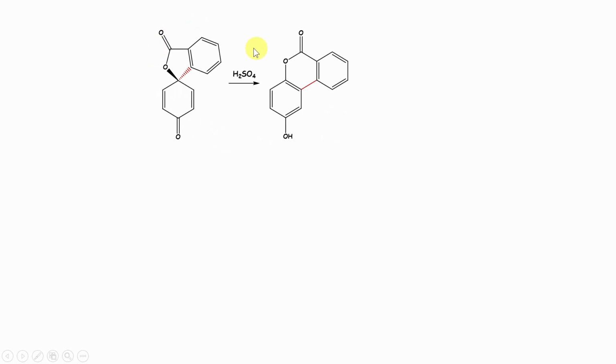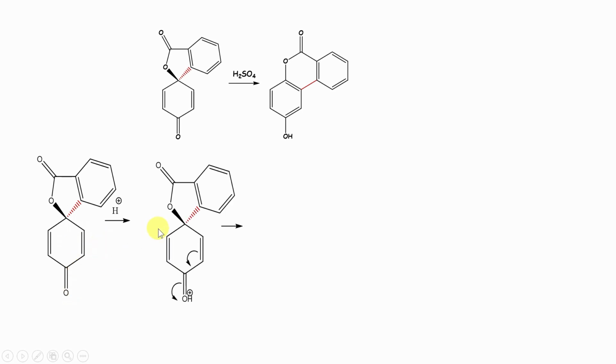Okay, see, this is another important example of dienone-phenol rearrangement. This dienone, on treating with sulfuric acid, forms the phenol. See the mechanism of this reaction. First of all, as in the previous case, protonation of the oxygen atom of the dienone takes place to form protonated dienone, then shifting of pi electron towards the oxygen atom, thereby forming a secondary carbocation.